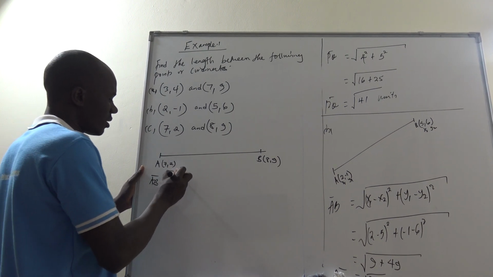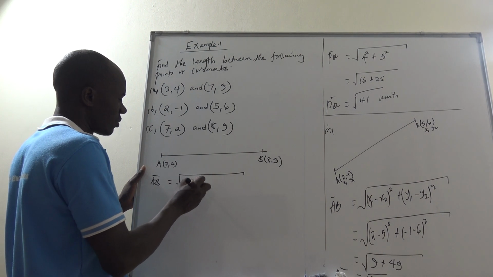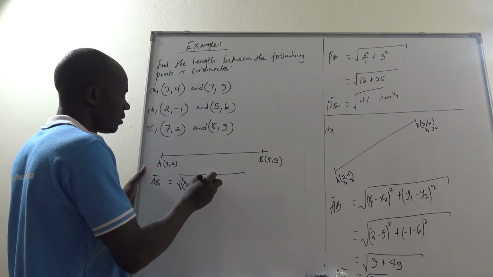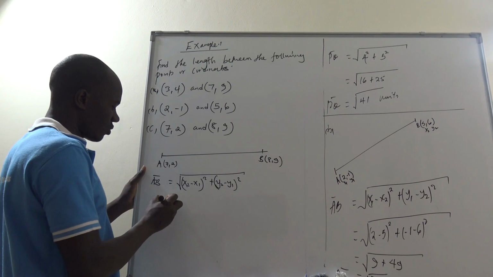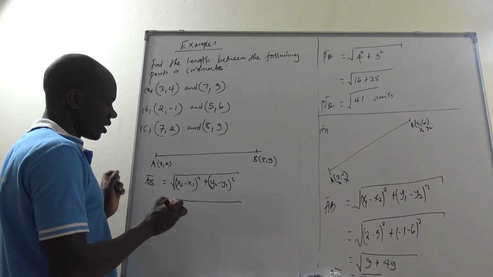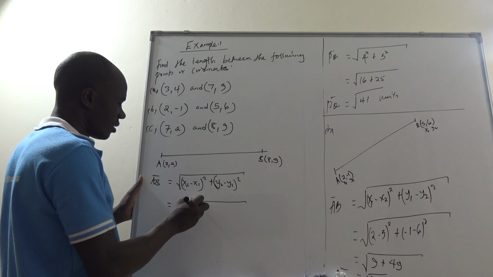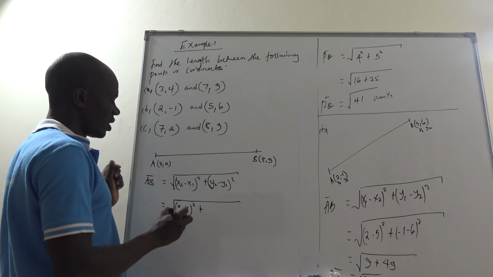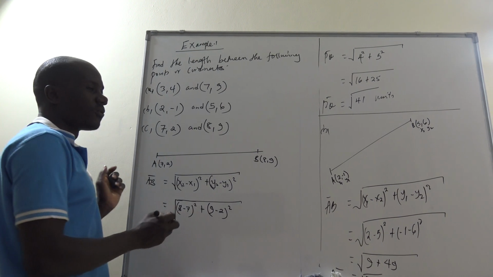Length AB is the same as root of x2 minus x1, the whole of it squared, plus y2 minus y1, the whole of it squared. We are getting root of, do we know x2? x2 is already 8 minus 7, the whole of it squared, plus, y2 is already 9 minus 2, the whole of it squared.